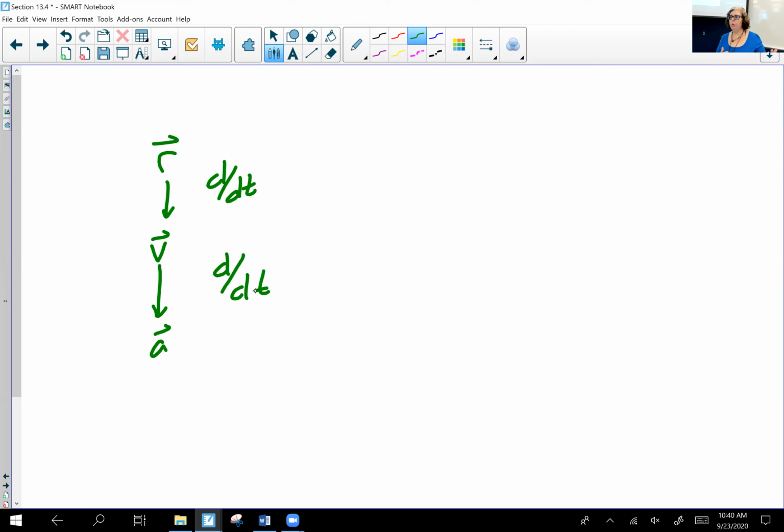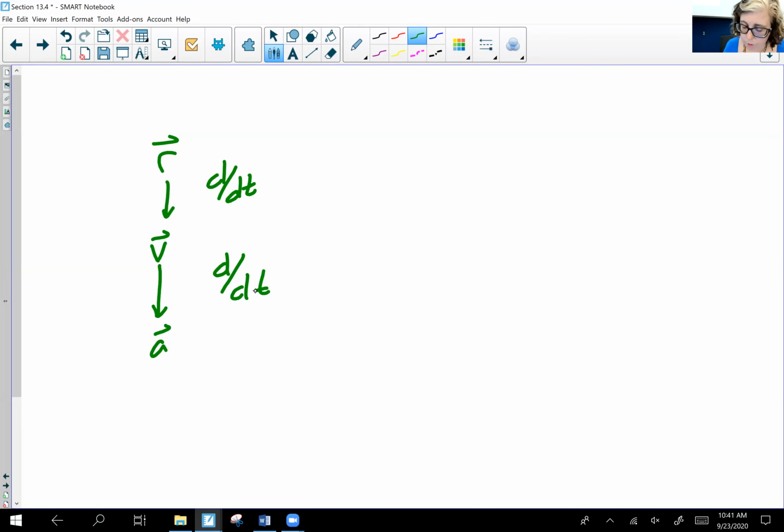So that was the first problem we did. So we take derivatives to move through to figure out where those vectors are. When you take a derivative, you find the slope of the tangent line, correct? So you have your position, then your velocity vector, which is your tangent vector, and then your acceleration vector, which is another tangent vector.